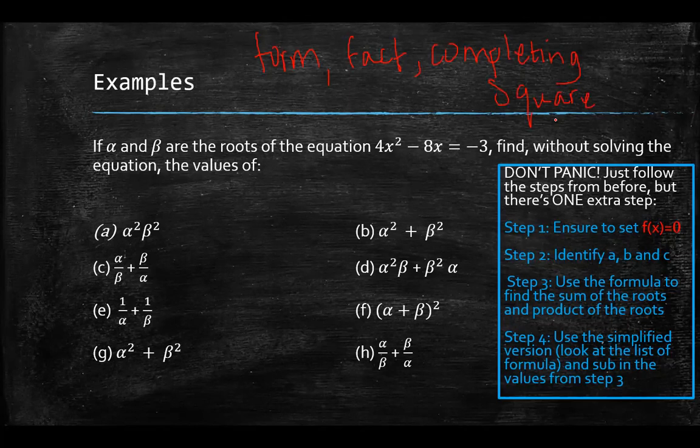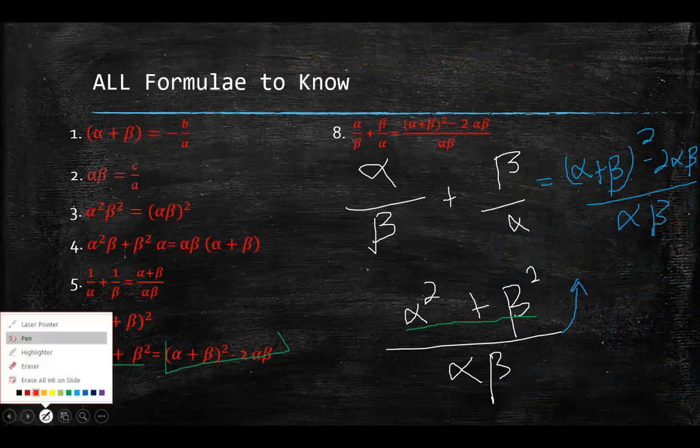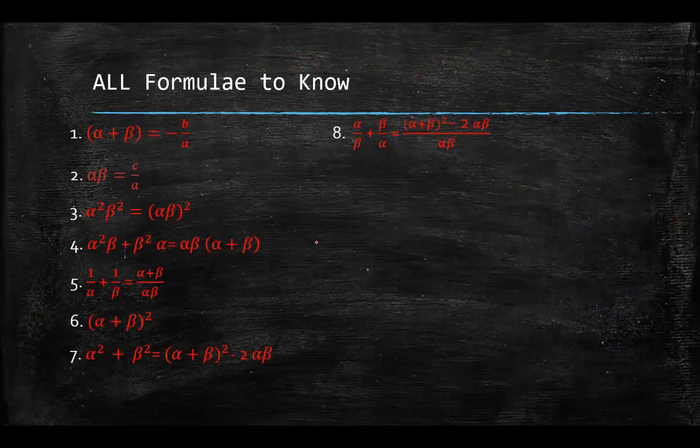No. All right, well, it's in the PowerPoint, so look at the Google Classroom. What they mean when they say find without solving is they don't want you to use the formula, factorization, or completing the square. They want you to use one of these formulas, right?